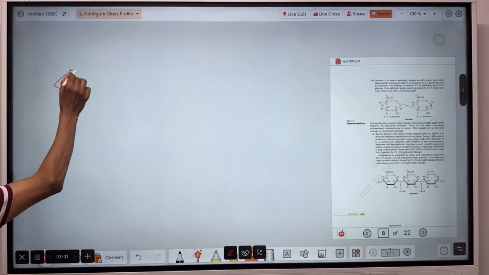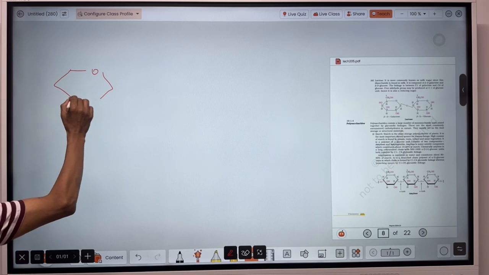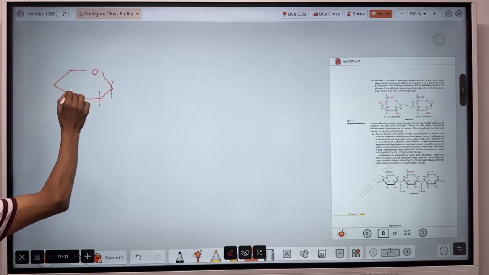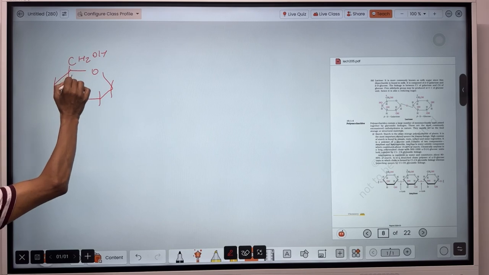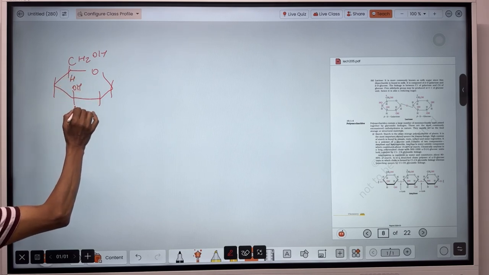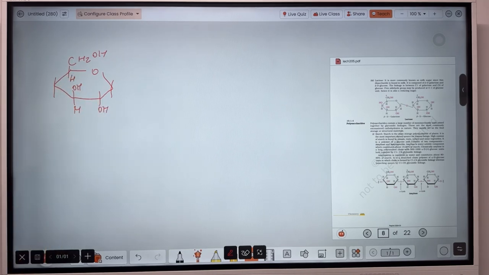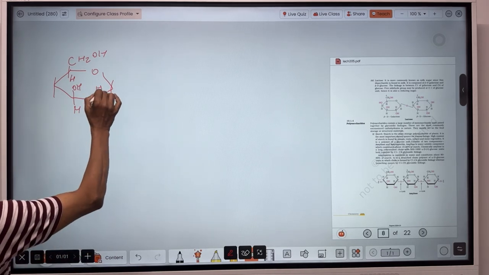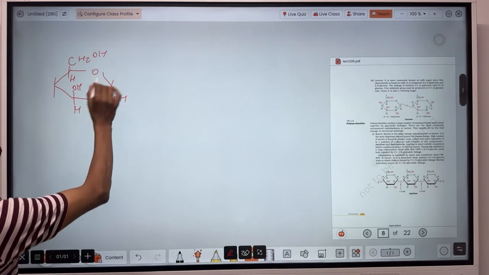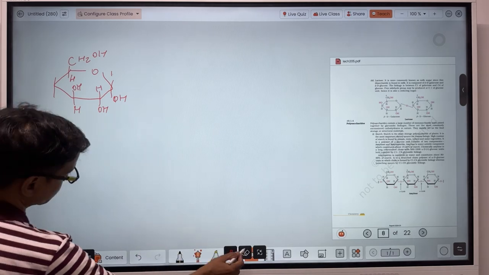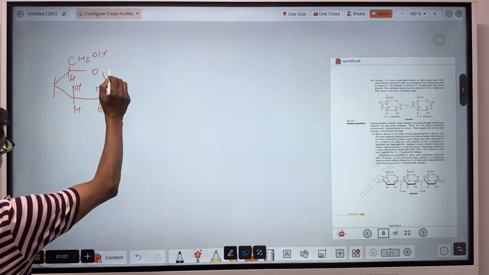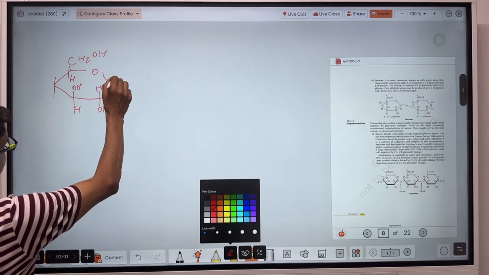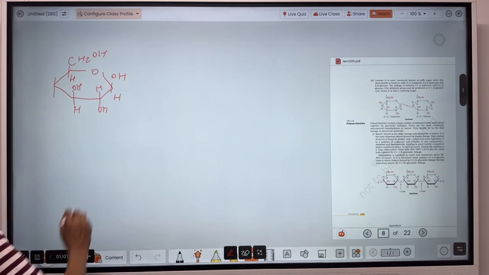It is beta, so OH will be above and hydrogen below.